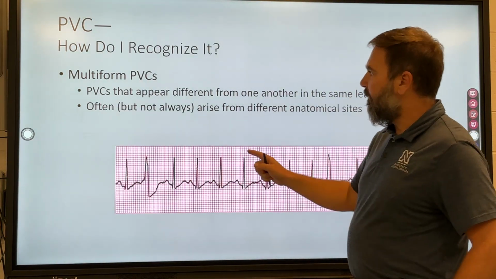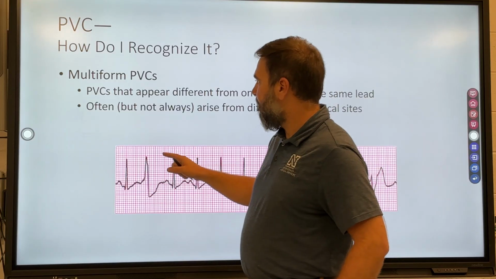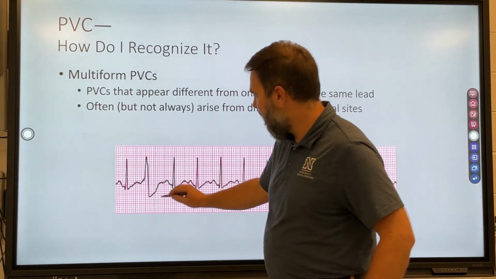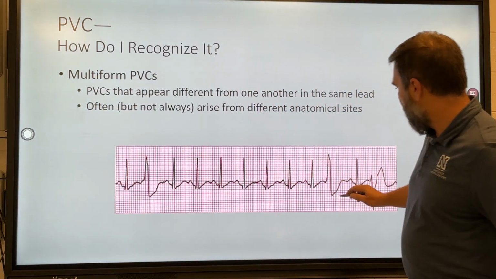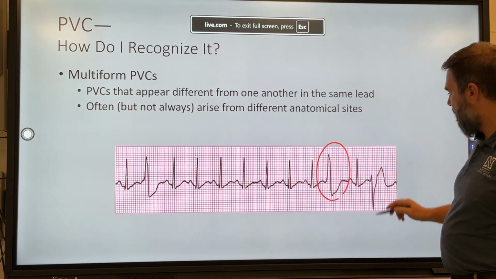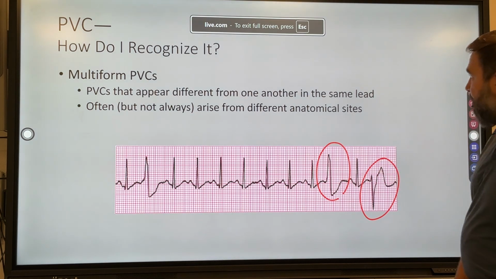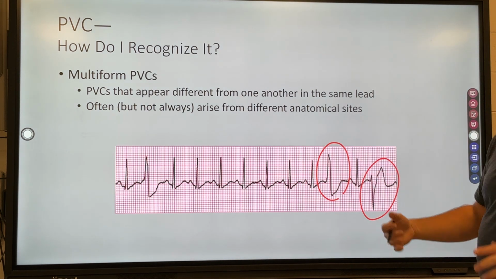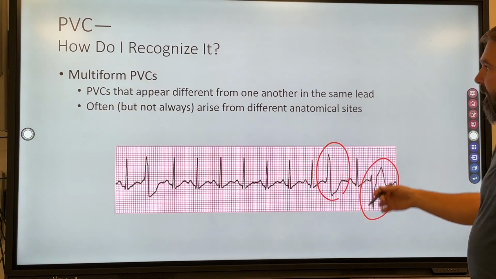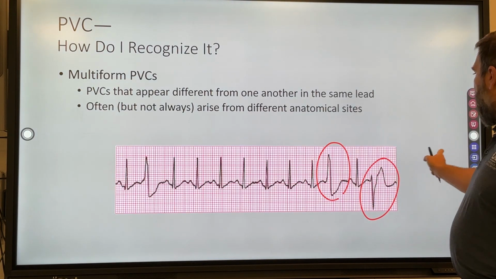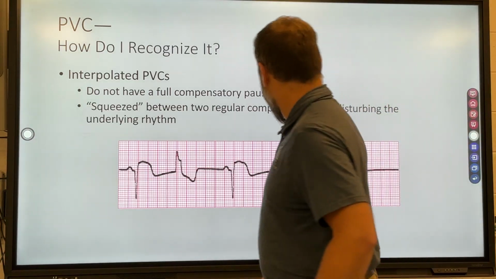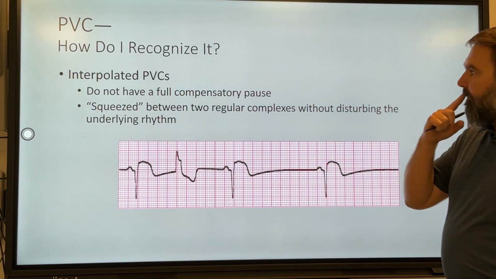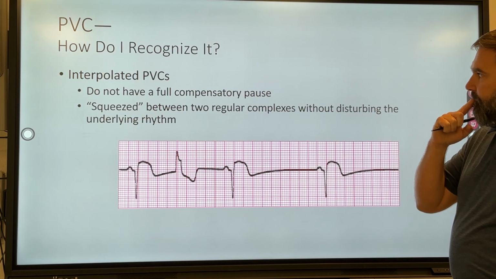As far as a multiform PVC, they appear different from one another. You can see this PVC there and this PVC here versus that one, and how they differ in shape and size. So that is considered a multiform PVC.